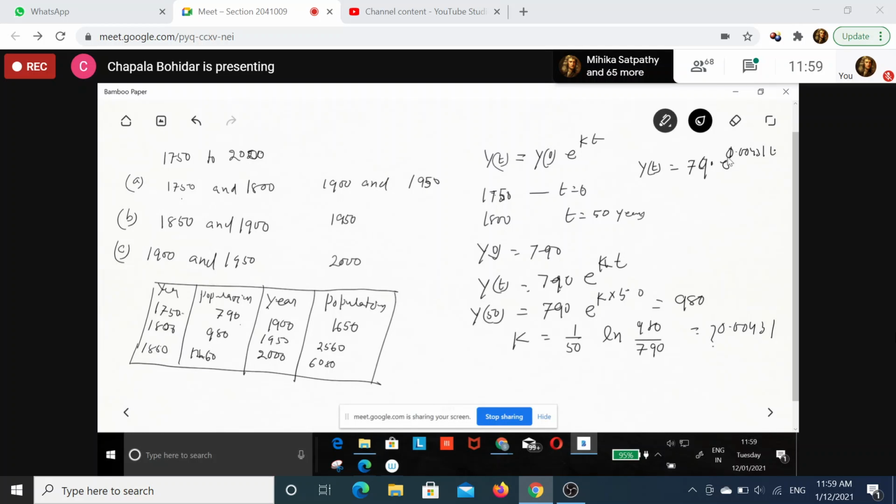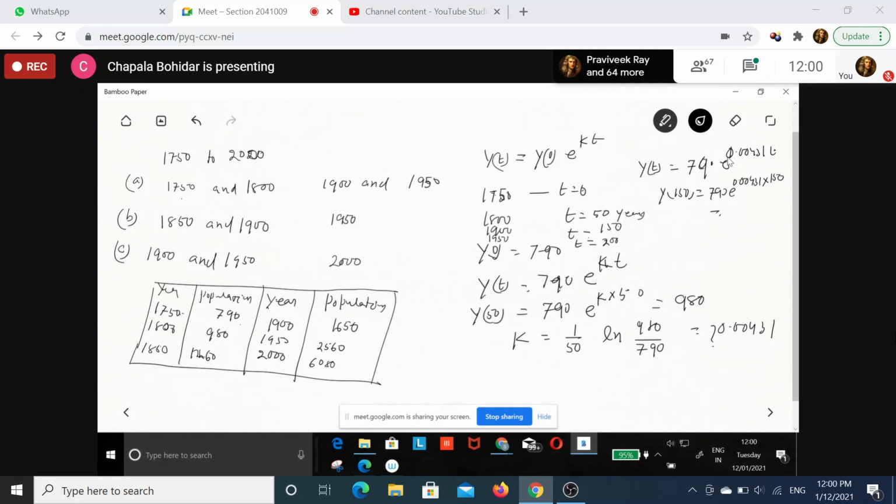Okay, so in 1900 the value of t is equal to 150, and in 1950 the value of t is equal to 200. So find out y of 150 is equal to 790 e to the power 0.00431 into 150.